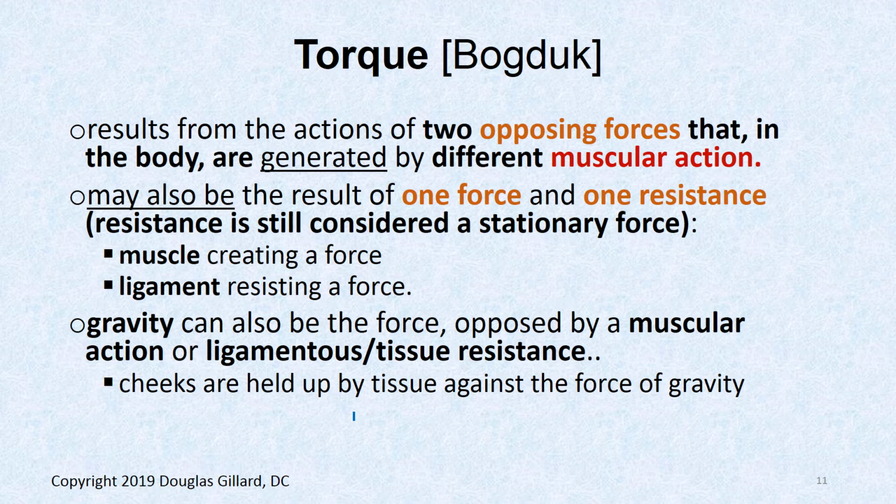There can also be one pushing force and one force that's stationary, like a muscle moving a bone, and a ligament resisting that motion can cause a twisting of that bone or that point or whatever you are looking at. So it doesn't always have to be two forces. It could be one force and one resisting force, like a zero force, but it's still resisting. That can still cause a rotation, which can cause a torque.